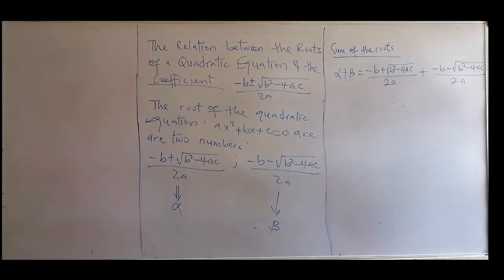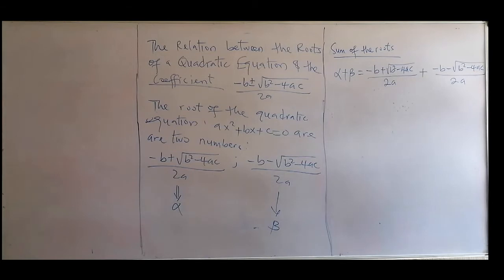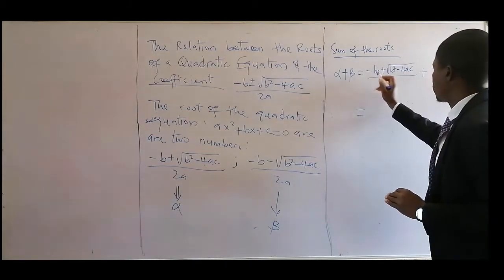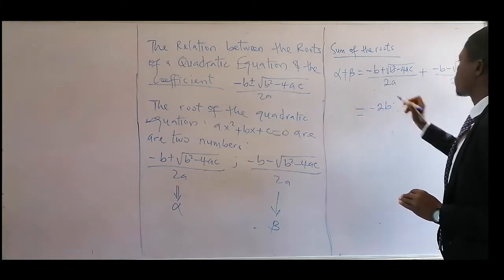The denominator is the same, so we can do straight addition of the numerators. That will be equal to minus b minus b, minus 2b.